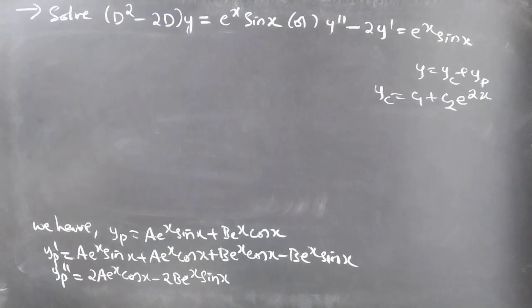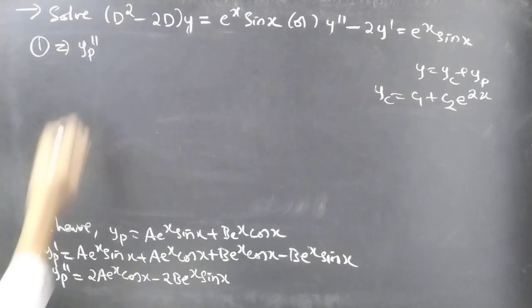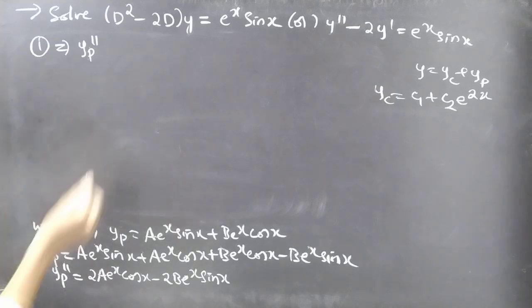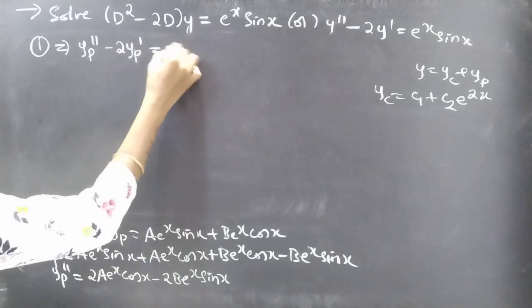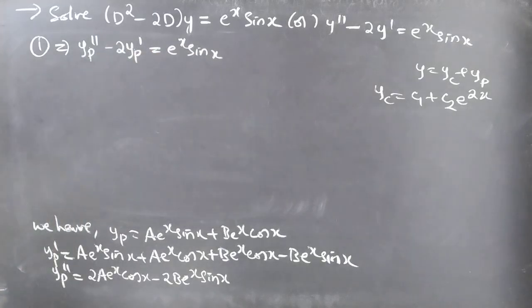Now we can write the given equation as, we have picked yp such that it satisfies the given equation, right? So we can write the given equation as yp double dash minus 2 yp dash equal to e power x sin x. Now substitute yp dash and yp double dash in it.